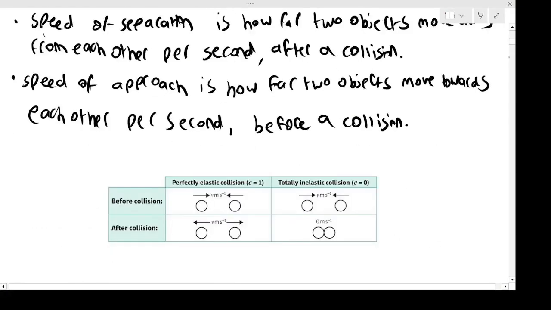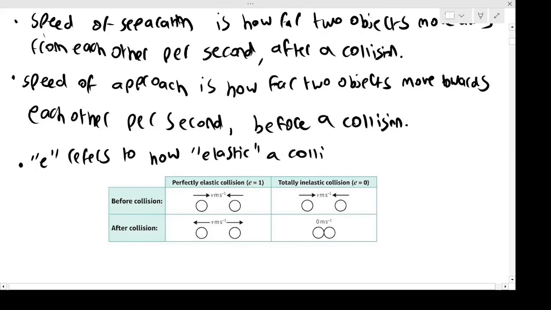E refers to how elastic a collision is. So what on earth does that mean? A lot of words here. What on earth does elastic mean?